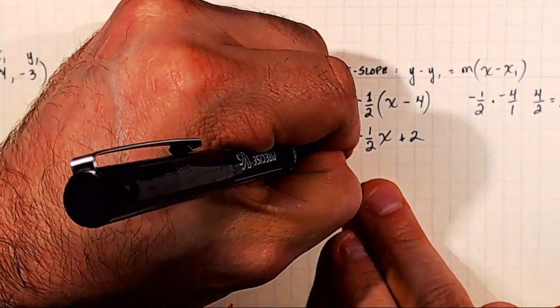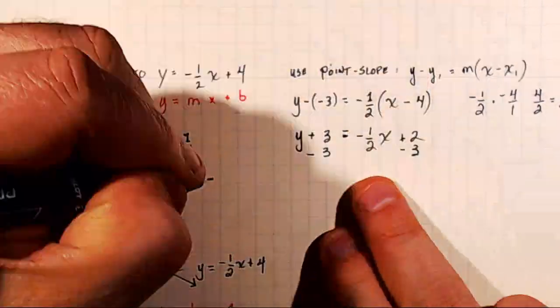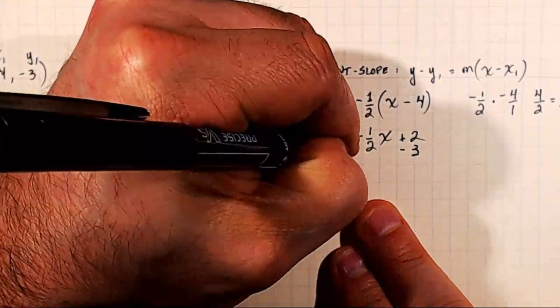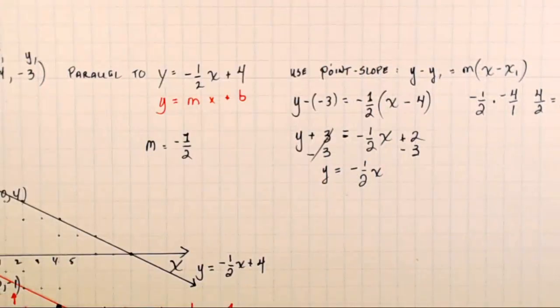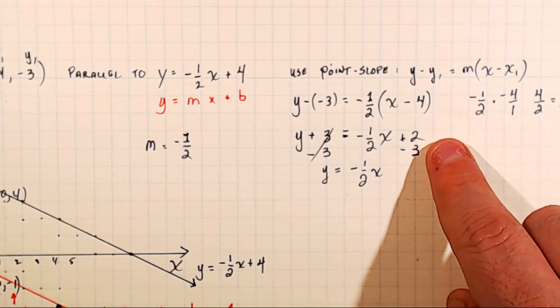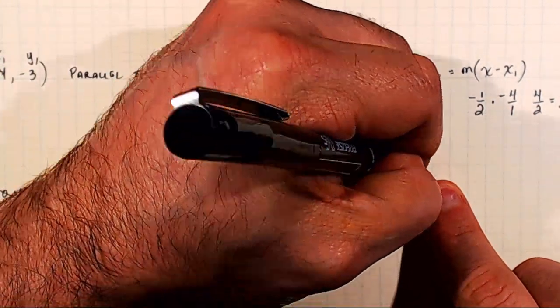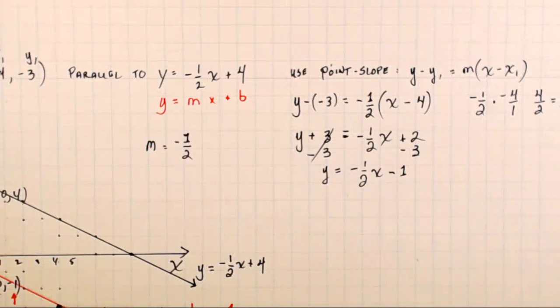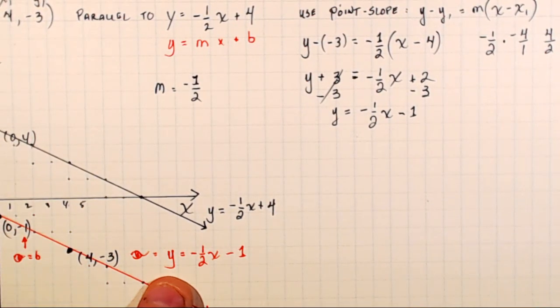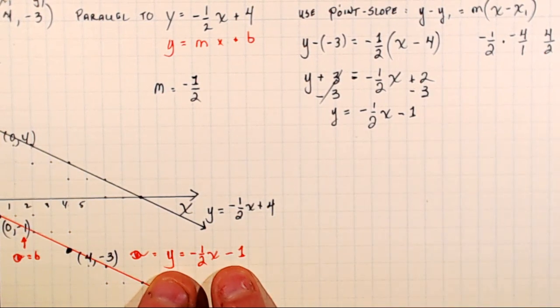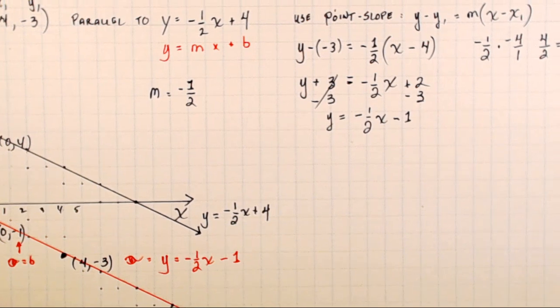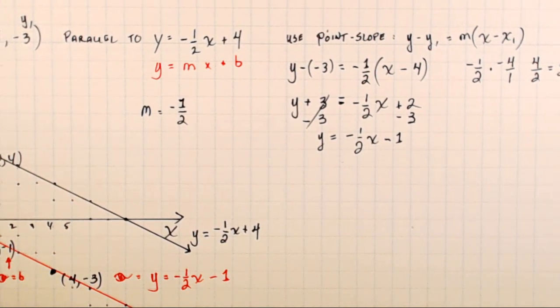I'll subtract 3 from both sides. Cancels out, leaving y alone. Y equals -1/2 x. Okay, 2 minus 3 gives me -1. So does this match what we found visually? Y equals -1/2 x minus 1, y equals -1/2 x minus 1. They match. So again, I'm pretty confident that we're right.